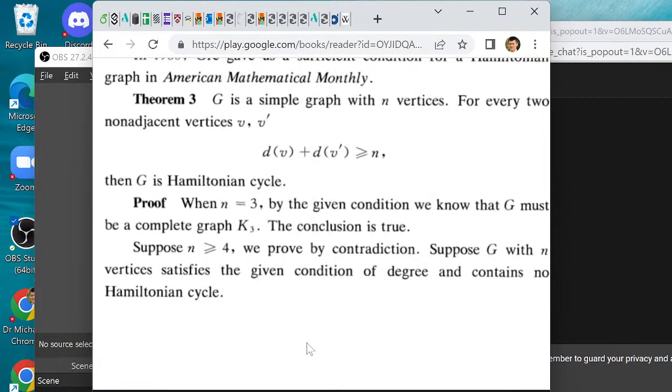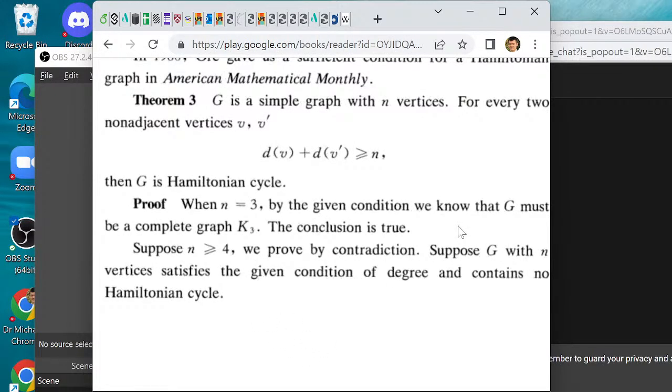Because you can't have a tree. Because the non-adjacent ones are degree 1, they're leaves. They don't add up to 3. Okay.